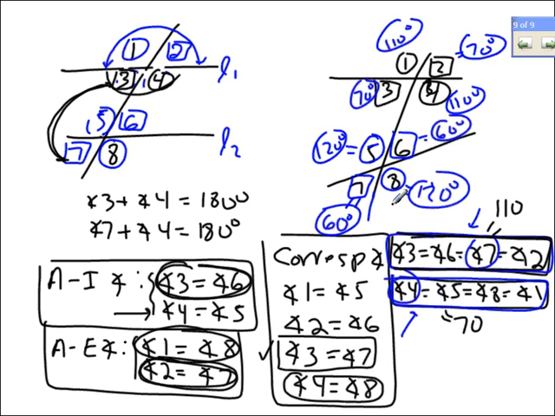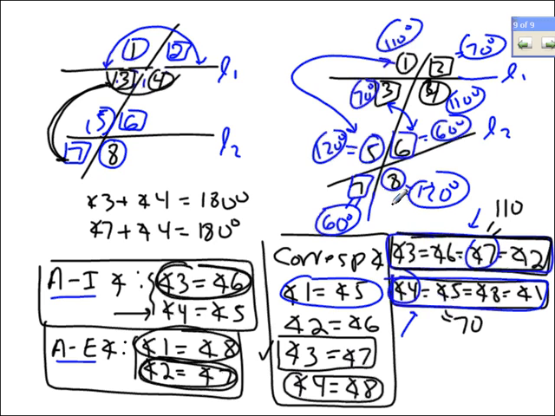Now that's how you can tell that line 1 and line 2 are not parallel. Corresponding angles are not equal. Alternate interior angles are not equal. They're supposed to be equal. If the lines are parallel, alternate interior angles are equal, and alternate exterior angles are equal.